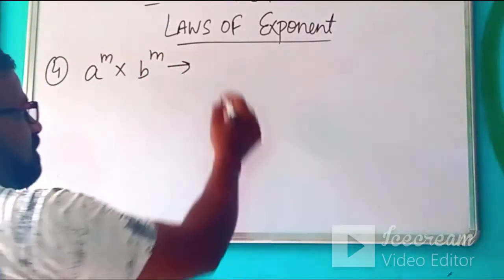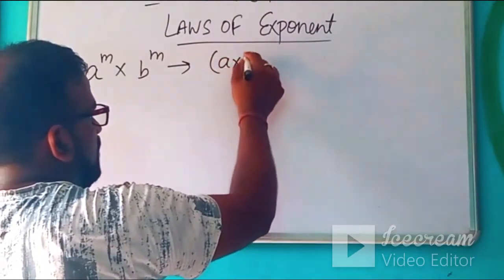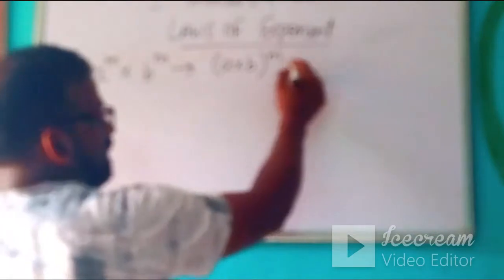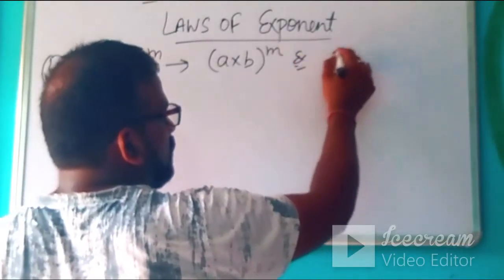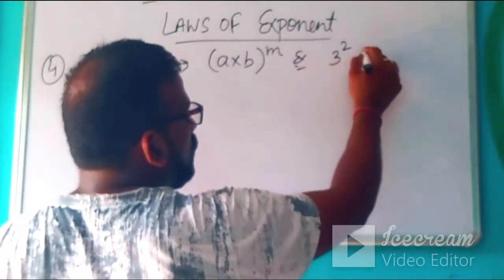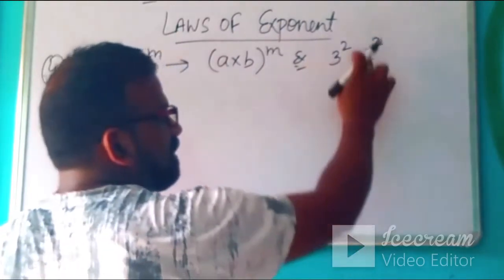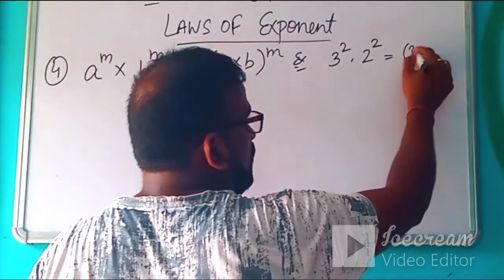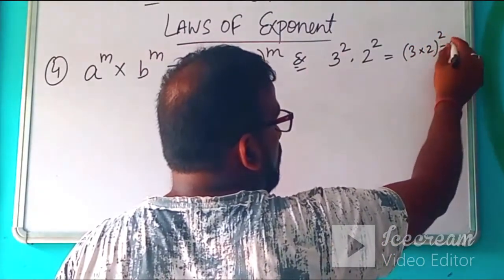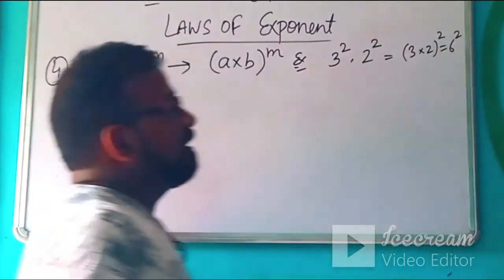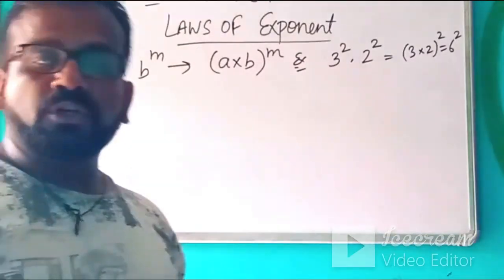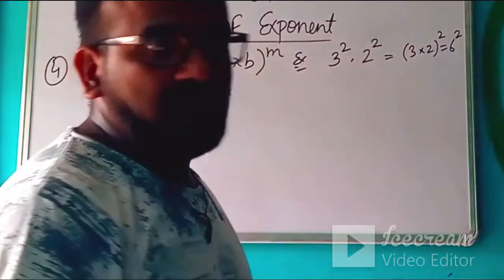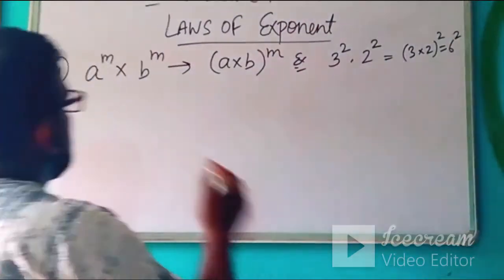In that case we can combine these bases and write it like this. For example, suppose it is written 3 to the power 2 into 2 to the power 2. In this case the powers are same, so you can write it as 3 into 2, whole to the power 2, which becomes 6 squared. The previous product law was for when the bases were same. This product law we will use when the exponent is same.